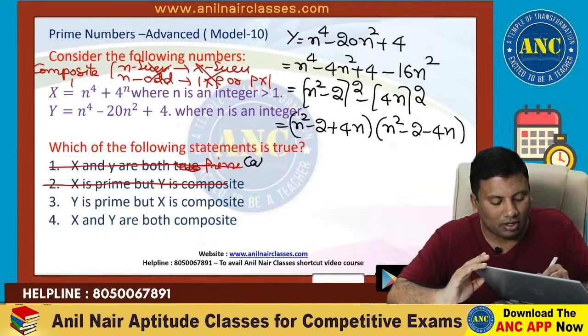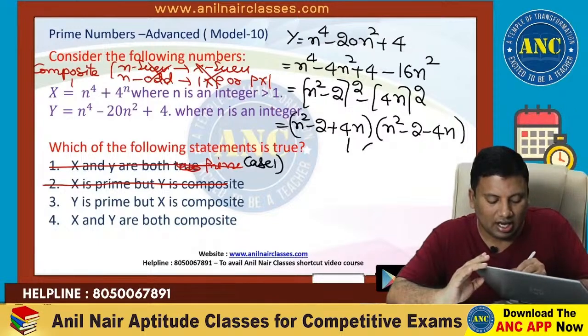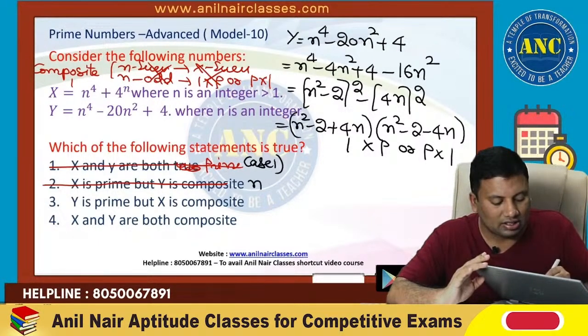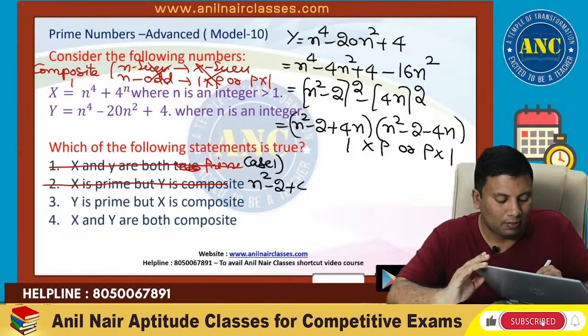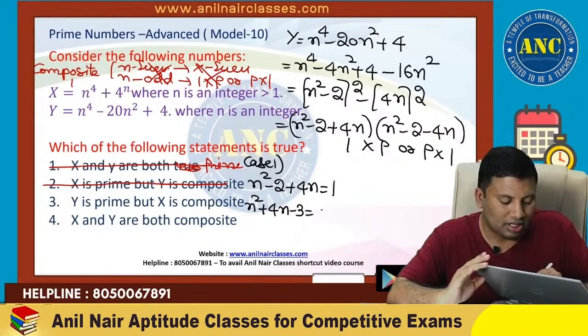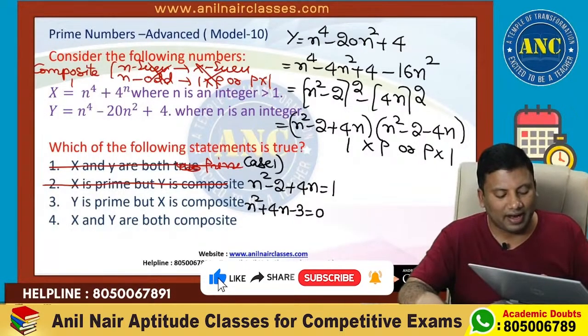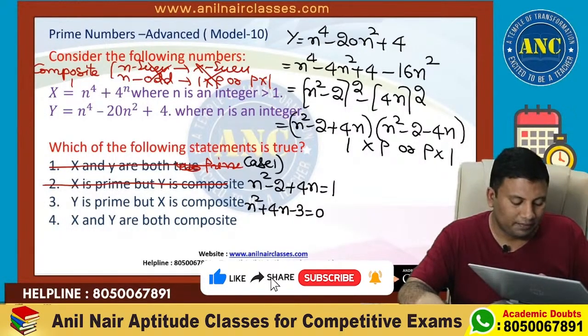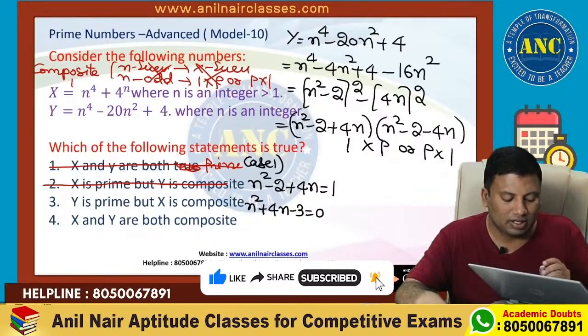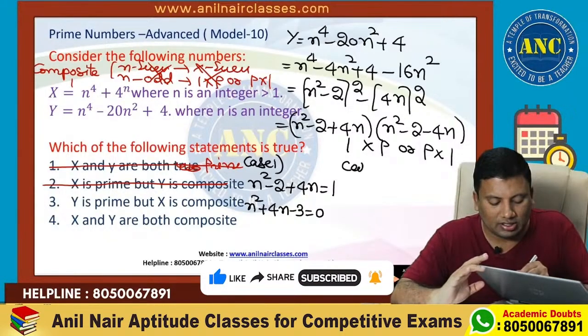Case number 1. It can be written as either 1 into p or p into 1. Two cases. N square minus 2 plus 4n equivalent to 1. N square plus 4n minus 3 equivalent to 0. Factorize this one. So, 16 plus 12, 28, greater than 0. Case number 2.